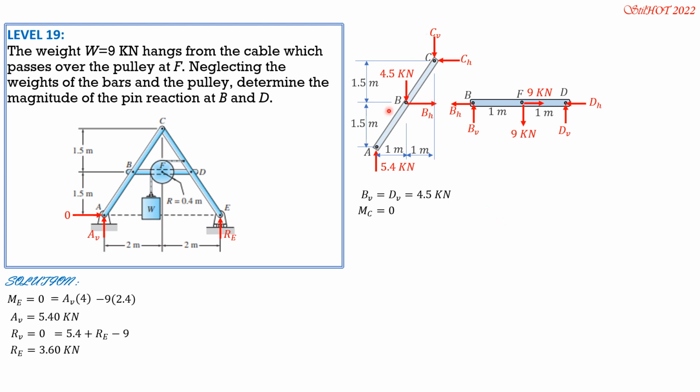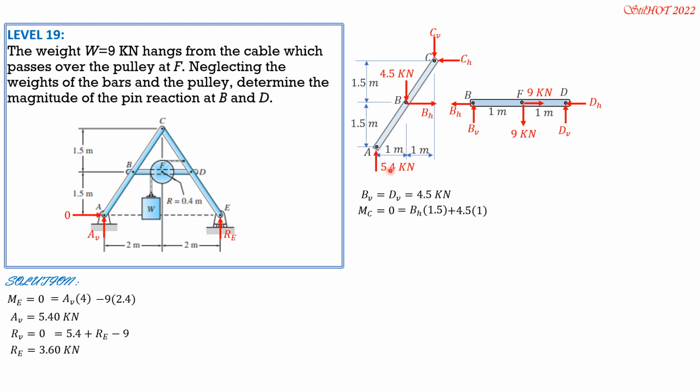So moment about C, counterclockwise positive, BH times 1.5 plus 4.5 times 1. By the way, this is 1 and 1, or 2, half of 2, because B is the center of ABC. That's why you just divide 2 by 2, so 1 meter by 1 meter.